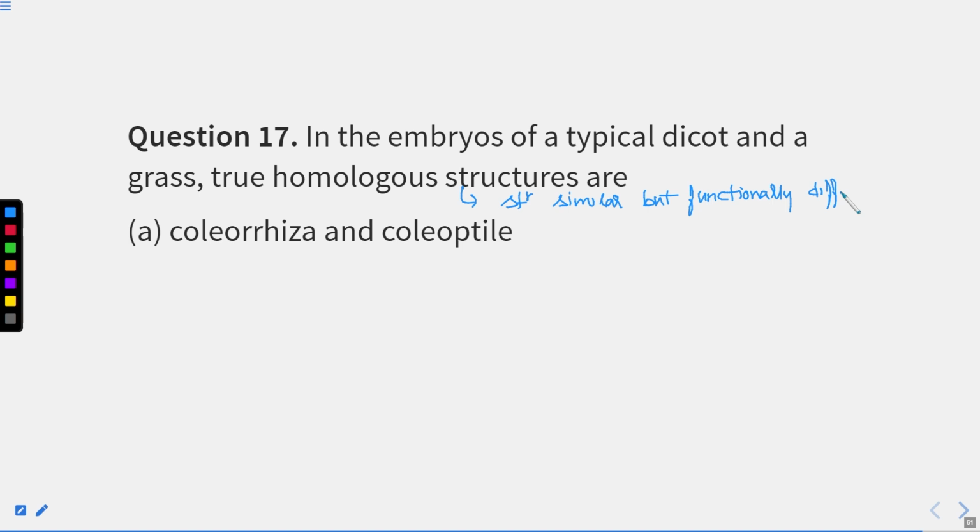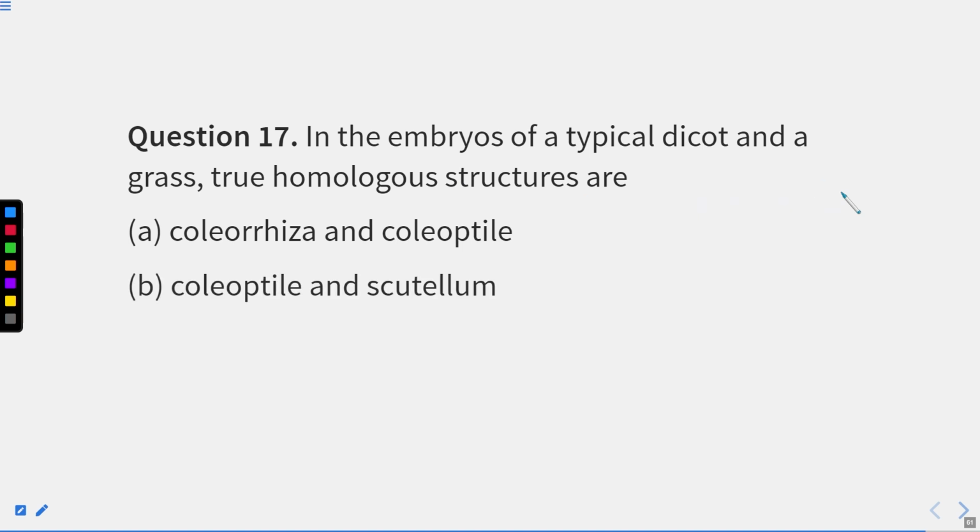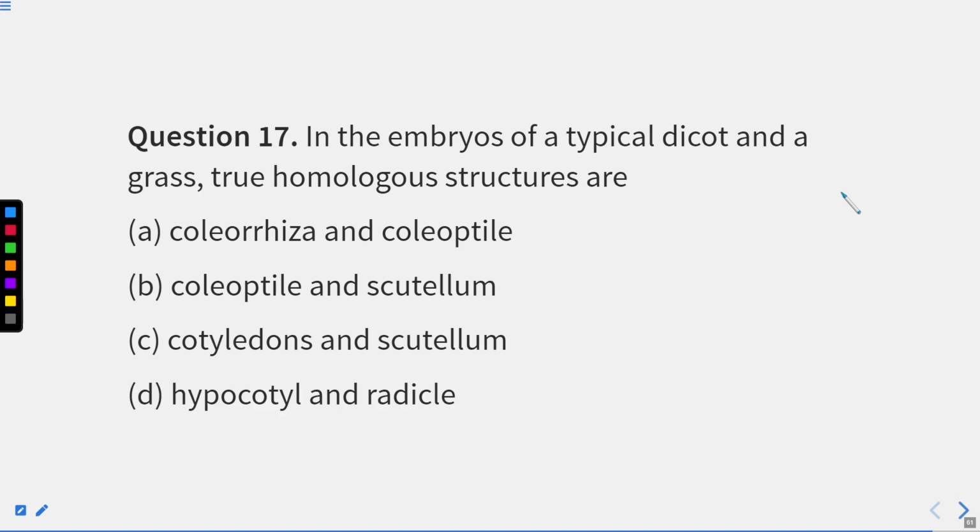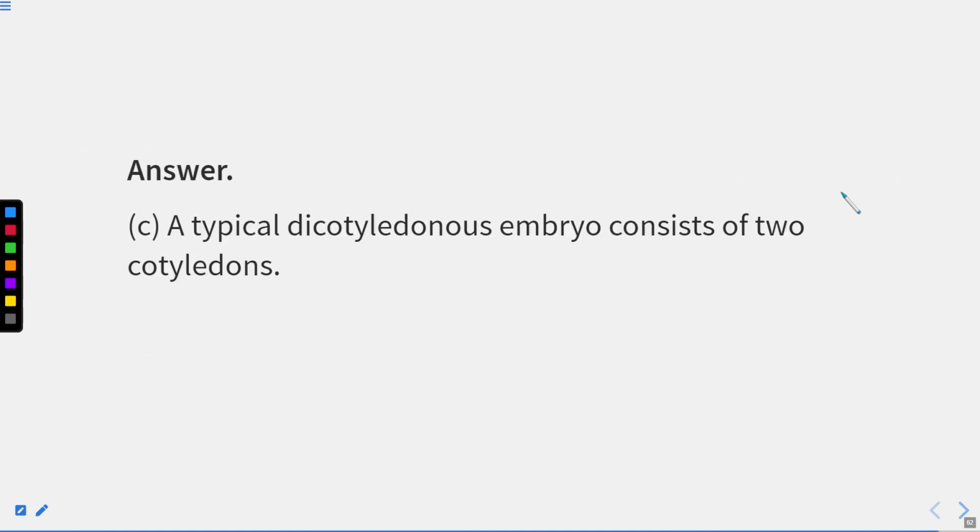First option is coleorhiza and coleoptile. Second is coleoptile and scutellum. Third option is cotyledons and scutellum. Fourth option is hypocotyl and radicle. Now here the correct option is C. A typical dicotyledonous embryo consists of two cotyledons. This you already know. Dicot means two cotyledons.